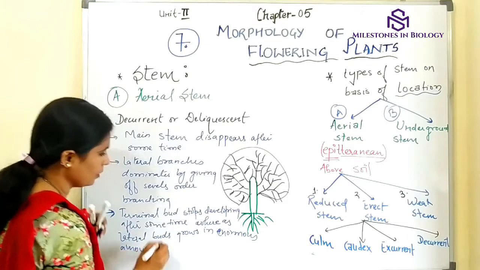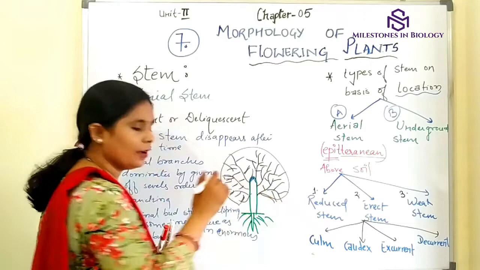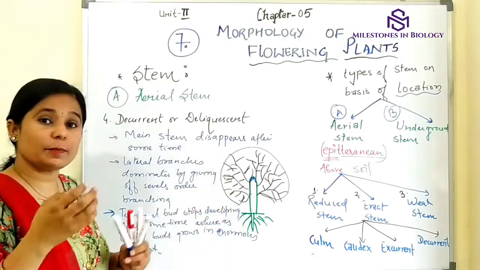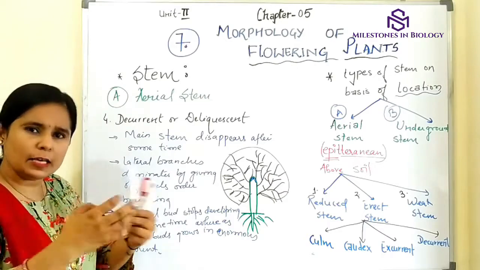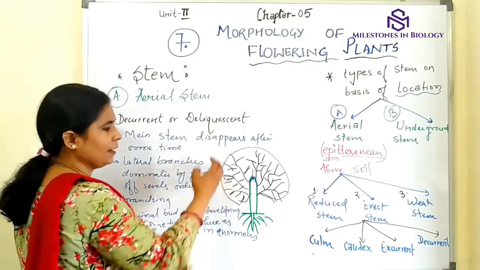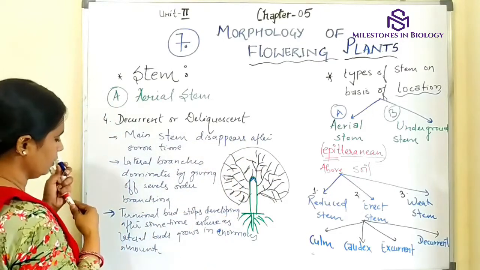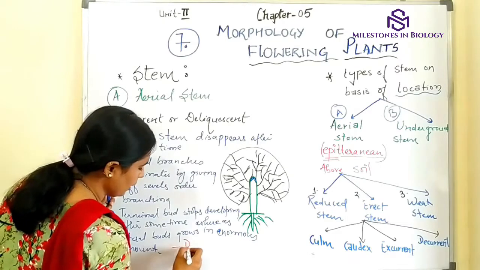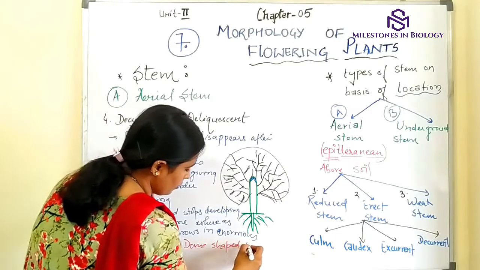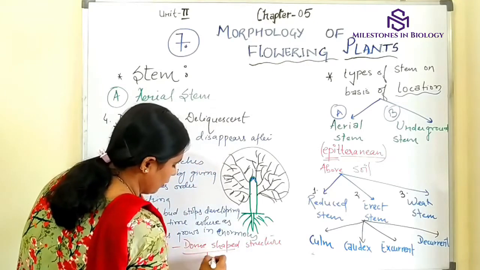So it's very clear that the apical bud will stop growing after some time. The lateral buds will dominate, keep on growing and giving off new branches, and because of that the tree will get a dome-shaped structure, or a dome-shaped canopy.